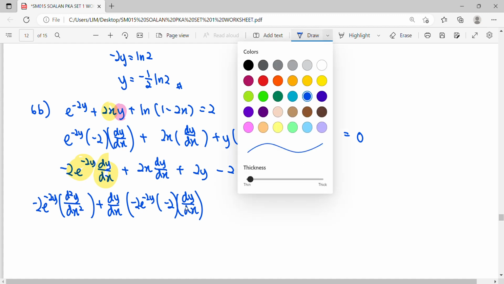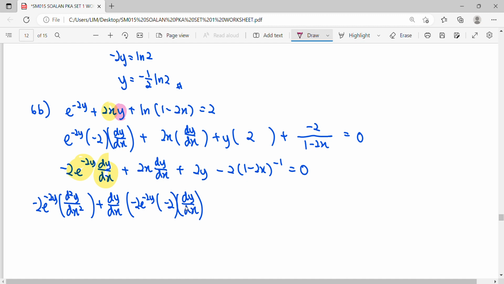Then we continue with the second term. The second term is also in product form, which is 2x times dy/dx. So copy the front, differentiate the back, copy the back, differentiate the front. For the second term here, differentiate the back dy/dx, we get d²y/dx². Differentiate the front 2x, we get 2.